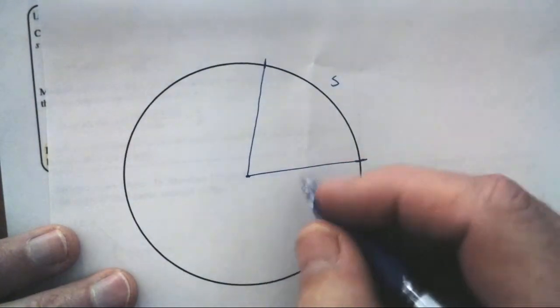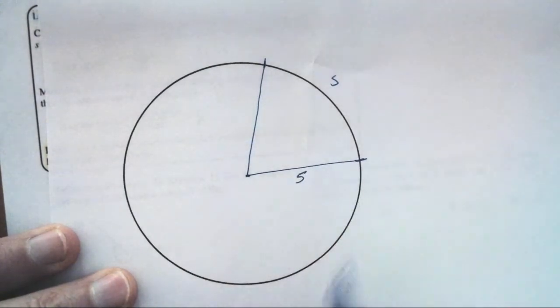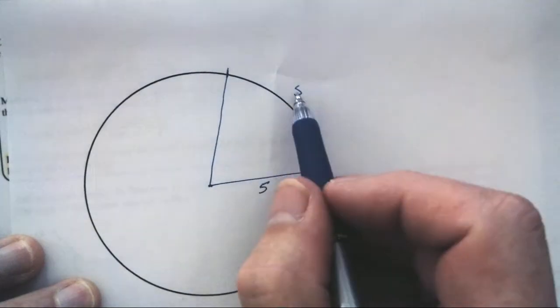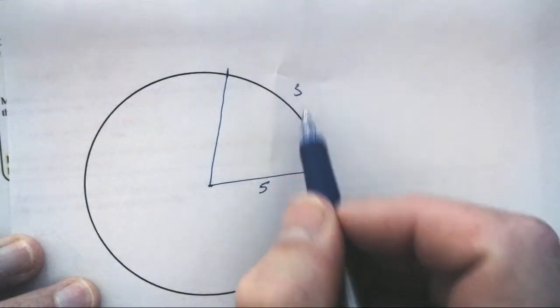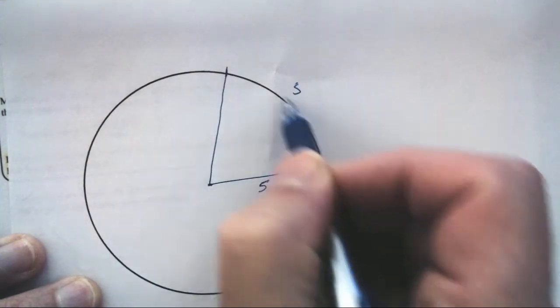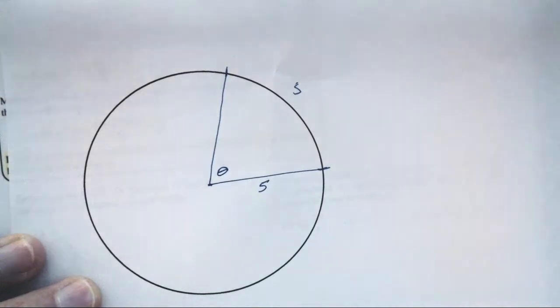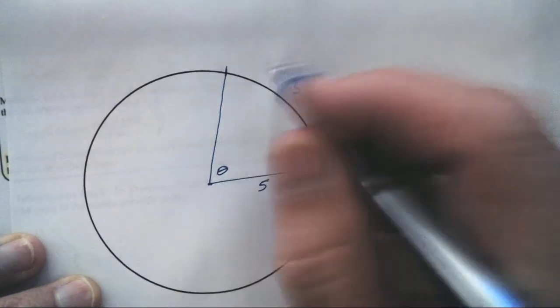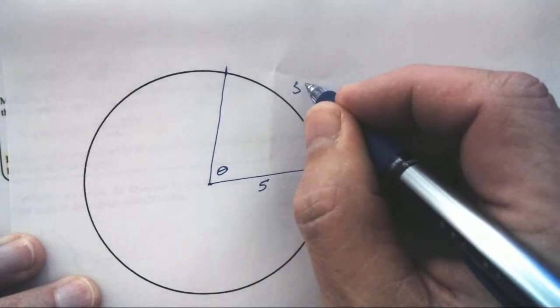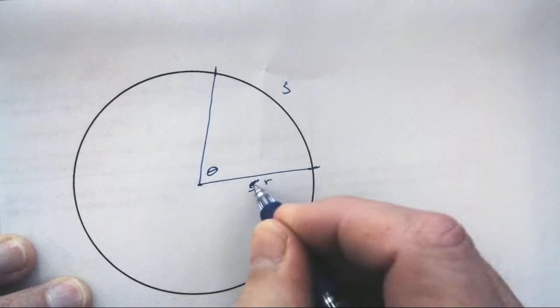And let's say the radian measure is 5. So how would we define this arc in terms of parts of the circle? This arc is part of the circumference. It's just a fraction of the circumference. Let's say this is theta right in here. Let's just call this r for right now.